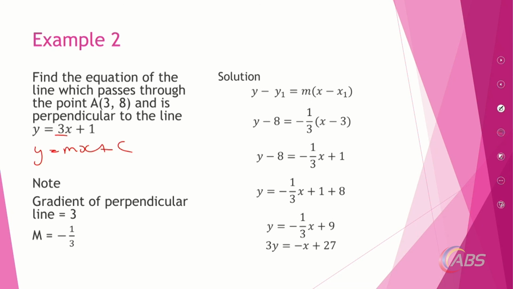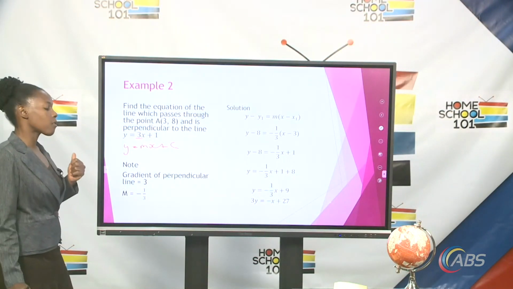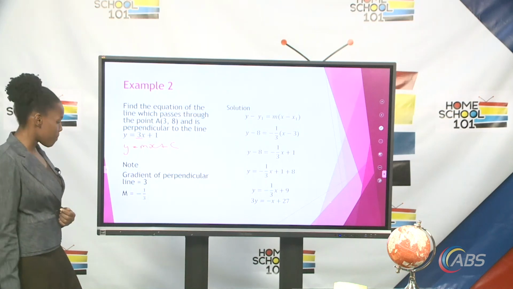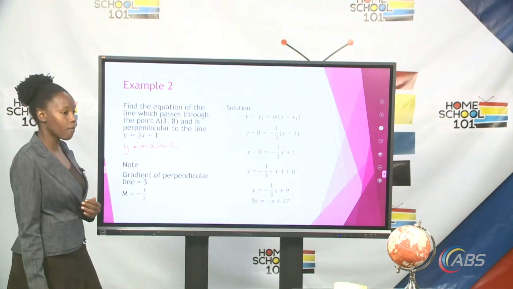So because we know that for perpendicular lines, the gradient of one is the negative reciprocal of the other, we can use the gradient from this line to find what the gradient of the line that we're looking for is. So in this case, the gradient is 3. Hence, the gradient of the perpendicular line would be the negative reciprocal of this, which would give us a value of negative 1/3.